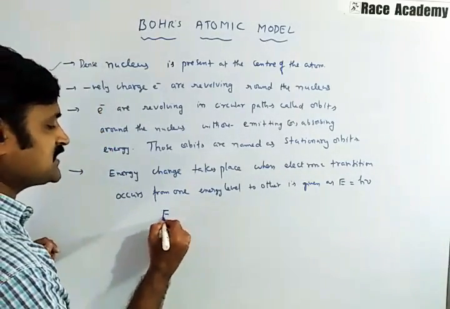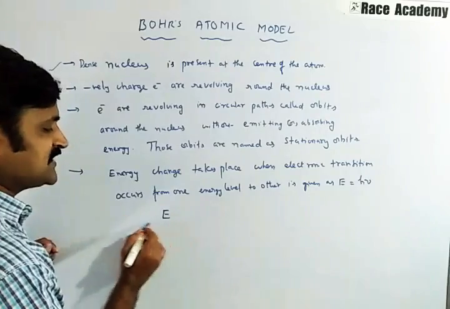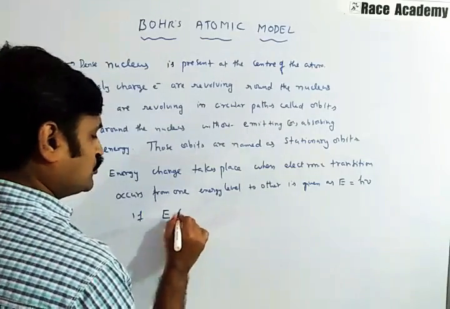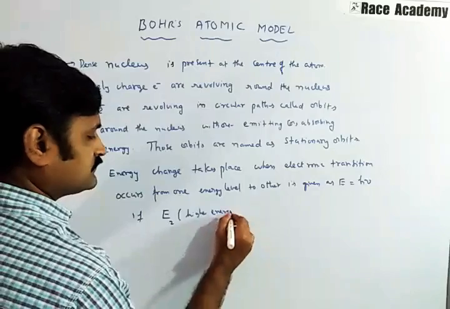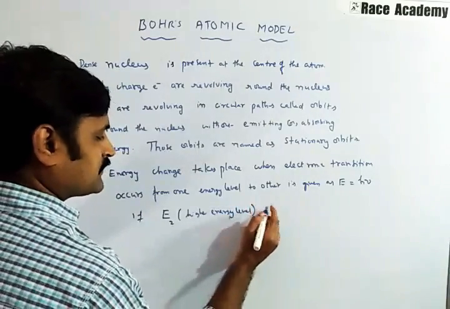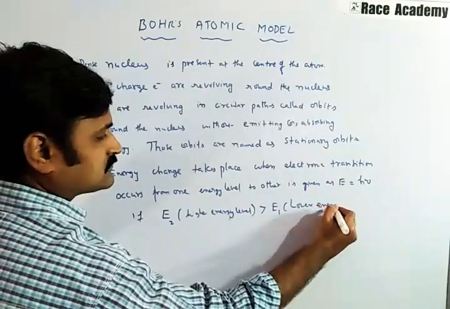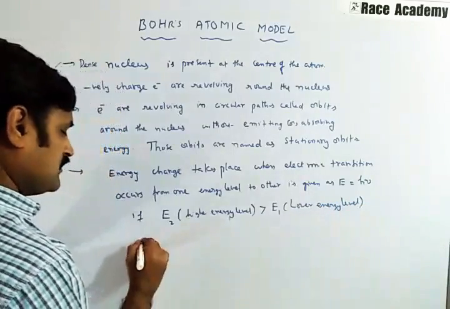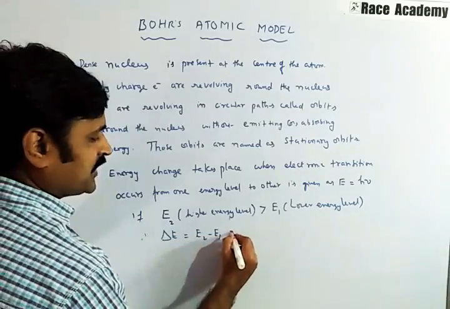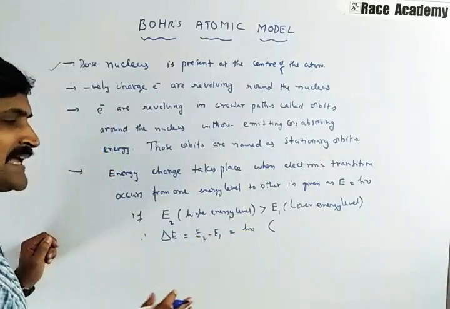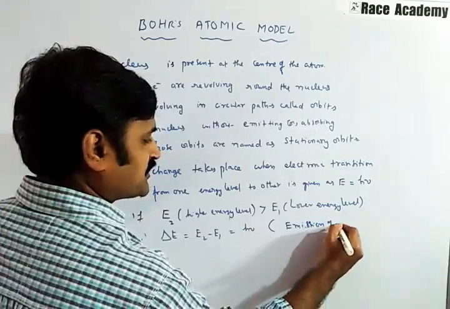If you take two energy levels, where E2 is the higher energy level, greater than E1, the lower energy level, then the change in energy can be written as E2 minus E1, which is equal to h nu. This we call emission of energy.